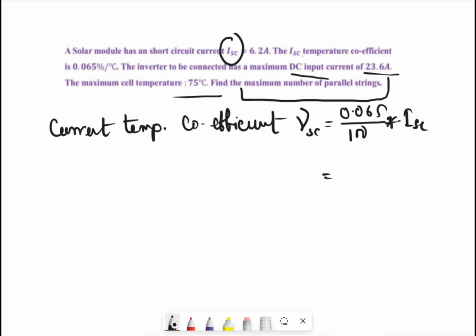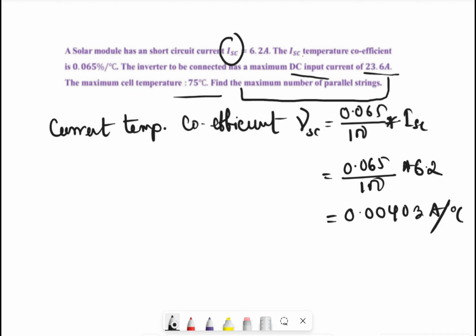So the short circuit current is 6.2 and here is 0.065 over 100. So the current temperature coefficient is 0.00403 ampere per degree Celsius.